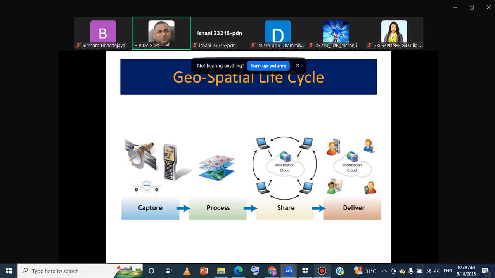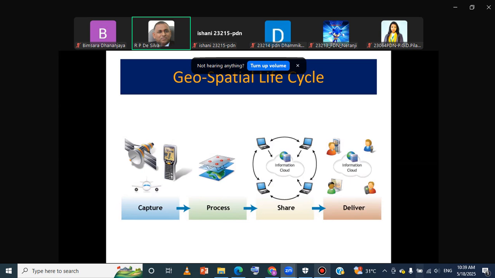So it's an information cloud. We put the data for the purpose of sharing it. And then we produce various value-added products from the original data and deliver this data for whoever needs this information. So this is the geospatial life cycle, or geospatial value chain.